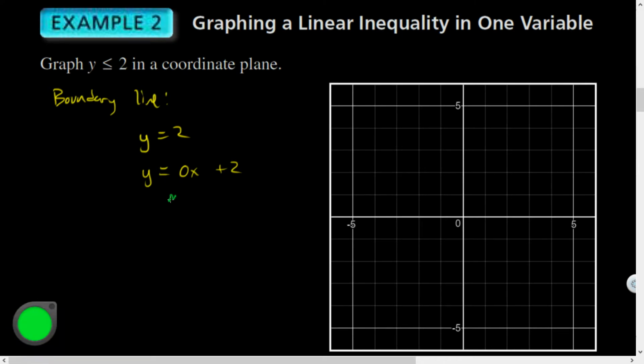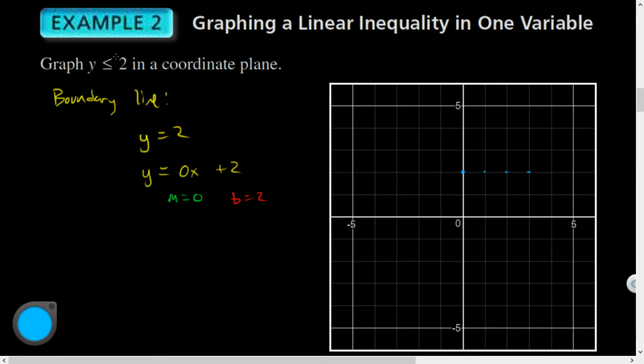So that means the slope is 0. That means the y-intercept is 2, right? So here's 2, and its slope is 0. So up 0 over 1, up 0 over 1 is just going to be a horizontal line.